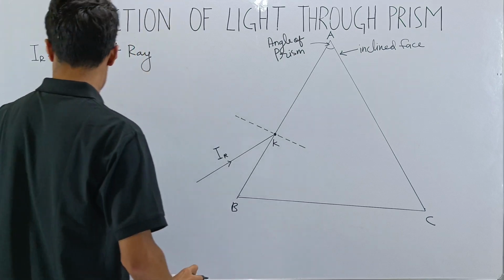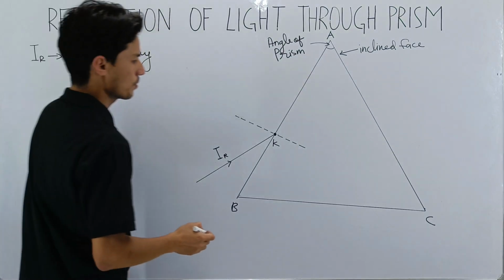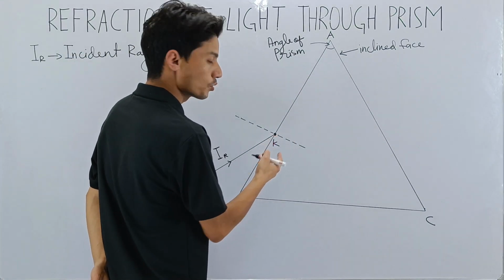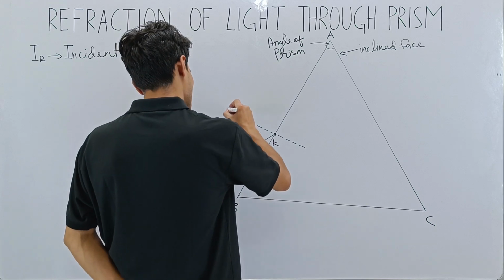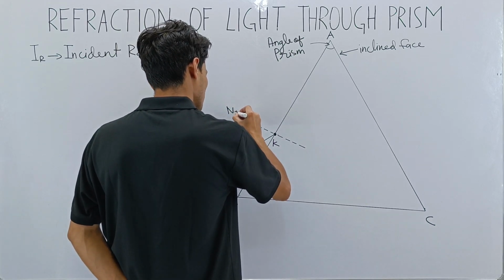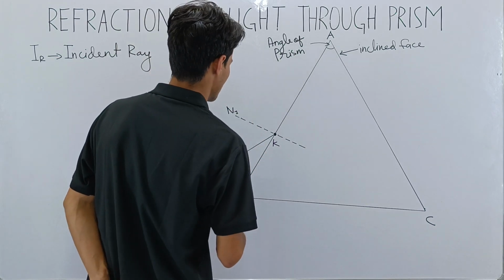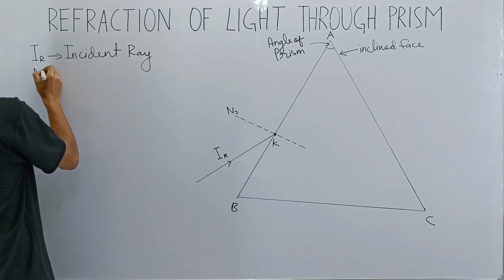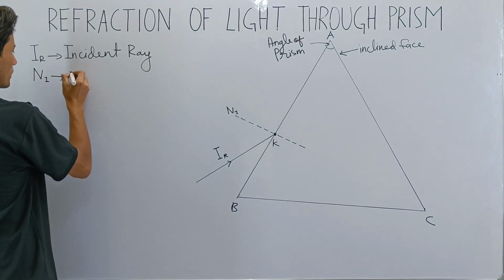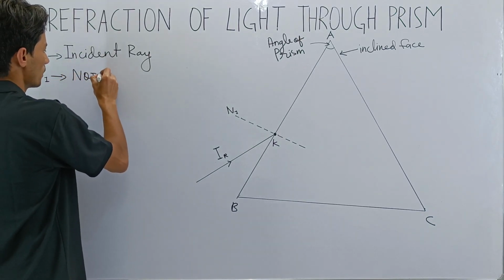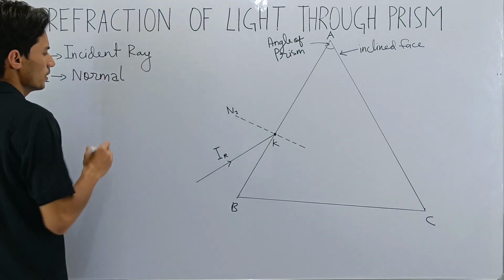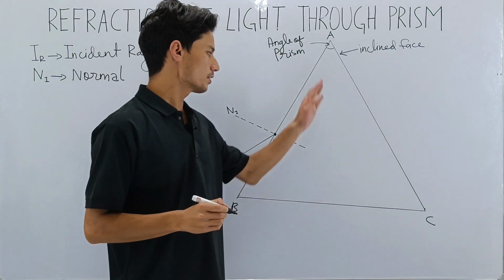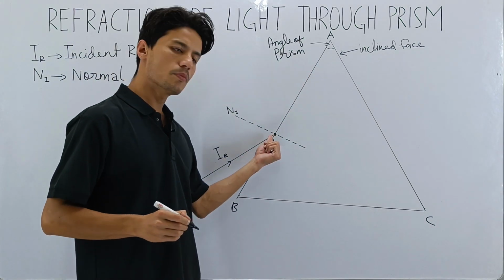This is the perpendicular, which is called the normal. Let's call it N1. So N1 is the normal. And remember, the normal is always drawn perpendicular to the surface at the point of incidence.